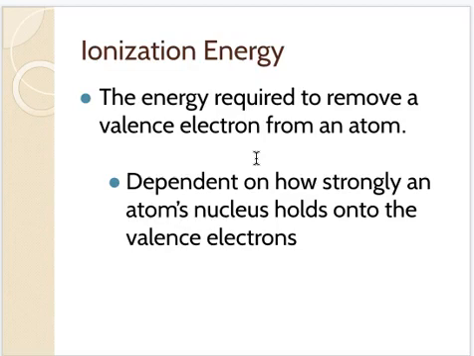If it's being held really tightly, it's going to take a lot of energy. So these atoms that have the electrons pulled in real close, real tightly, that's going to require more energy. You can think of it as the smaller the atom, the higher the ionization energy, because it's going to take more energy to pull that electron away.